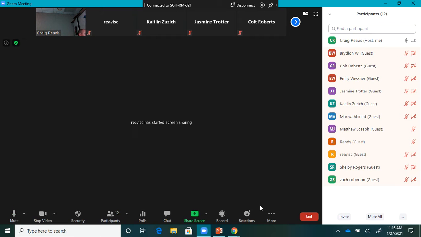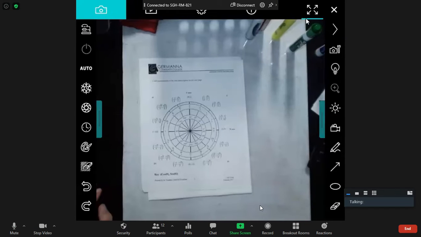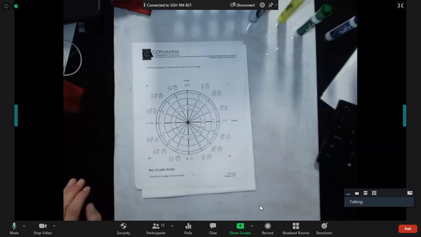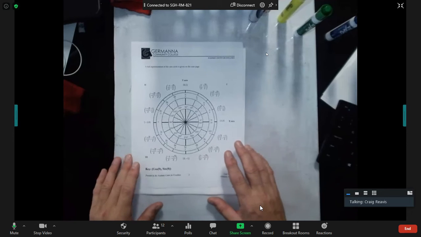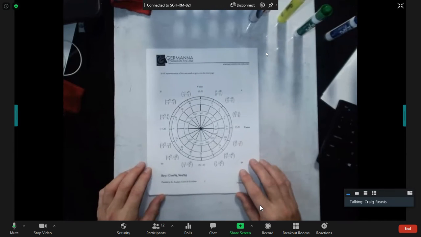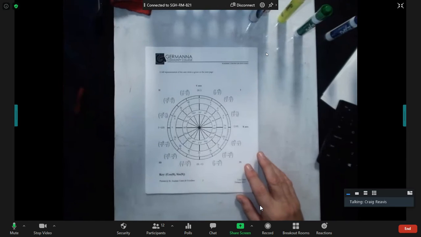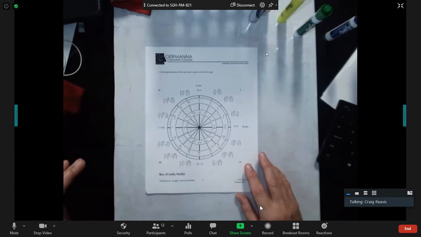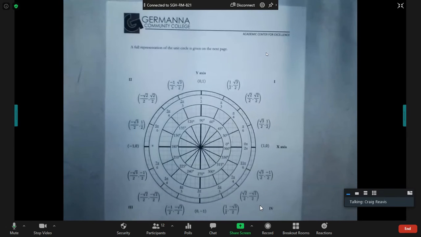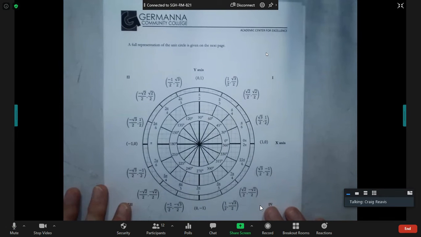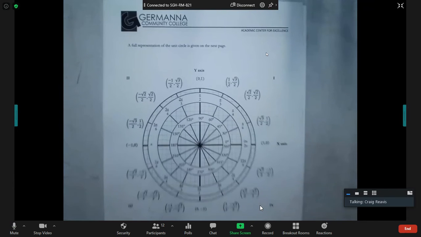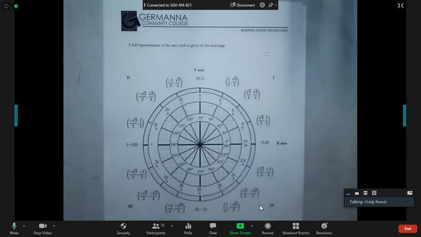I'm going to share my ladybug. All right, so that's what's on the screen there. It's a little bit tough to see up there because it's so far away, but you have this sheet in front of you. Okay, so let's just sort of review. And let me take this down a little bit and see if I can, that's a little better. All right. You should be able to see what's going on.